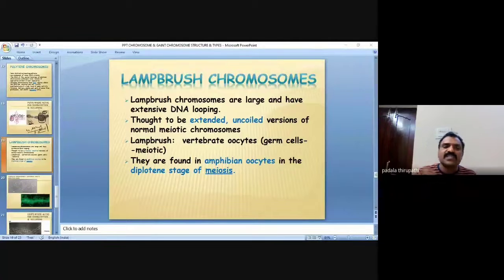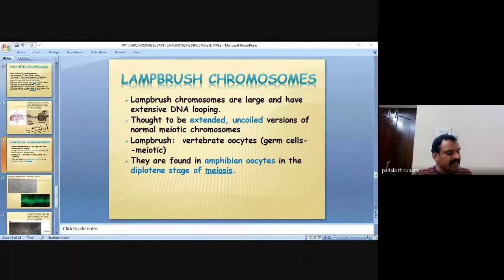So meiosis 1 prophase consists of 5 subphases: leptotene, zygotene, pachytene, diplotene, and diakinesis. These lampbrush chromosomes are found in amphibian oocytes at the diplotene subphase of prophase of meiosis. Is it clear?